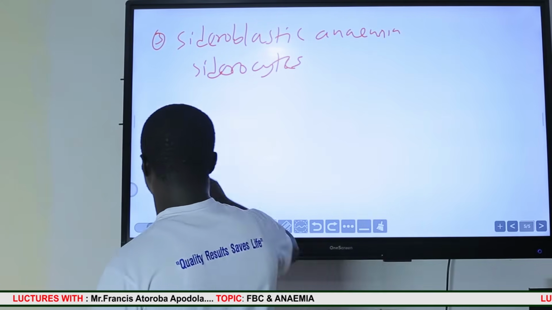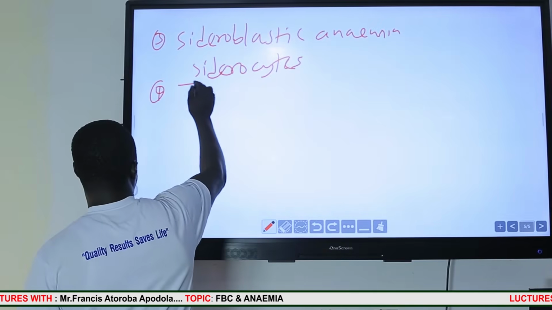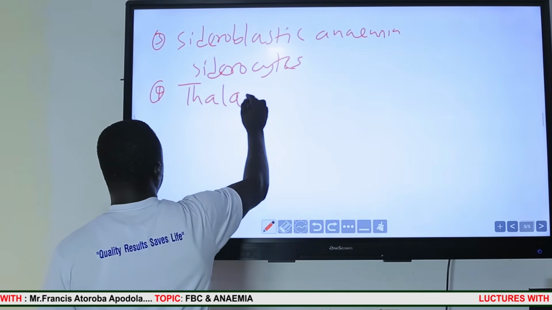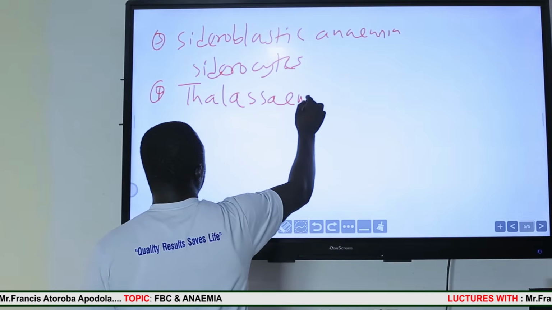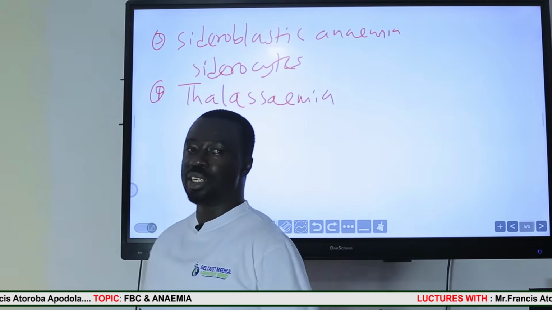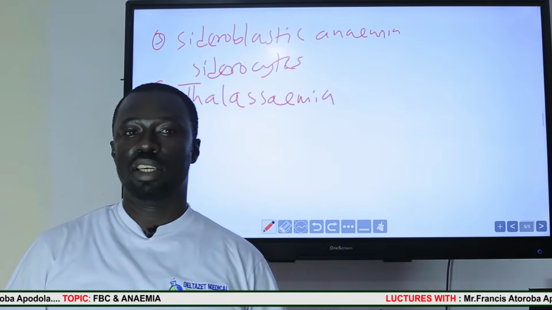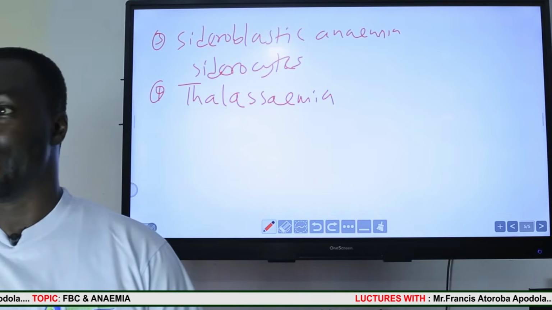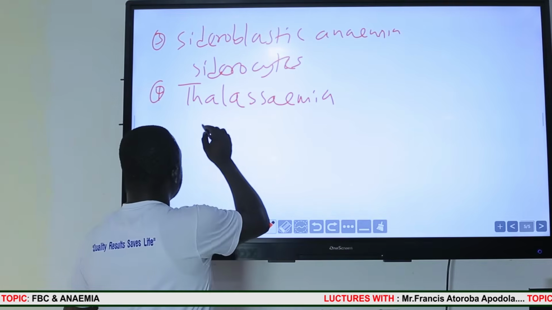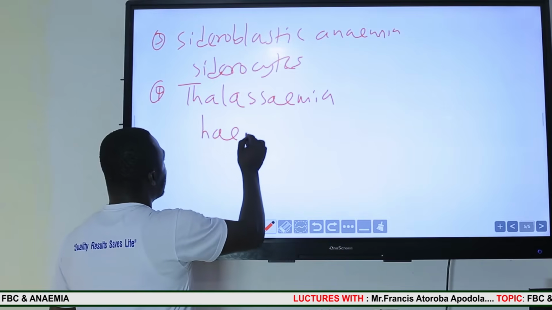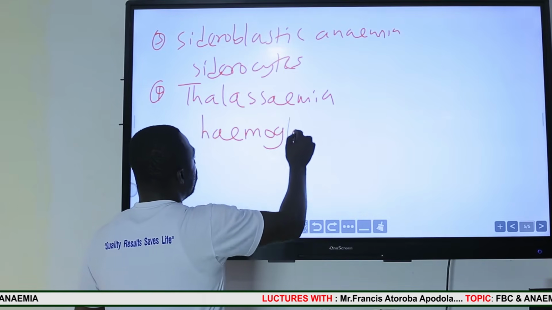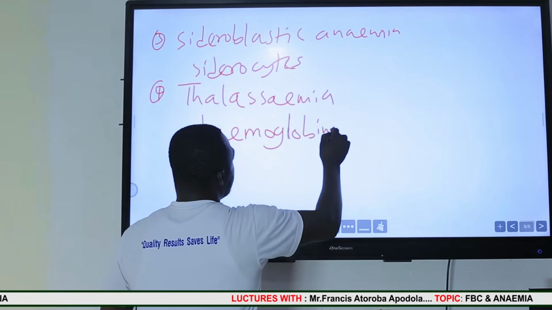Then another one, number 4, thalassemia. Thalassemia is actually a type of hemoglobinopathy.